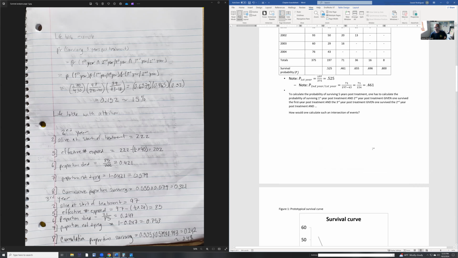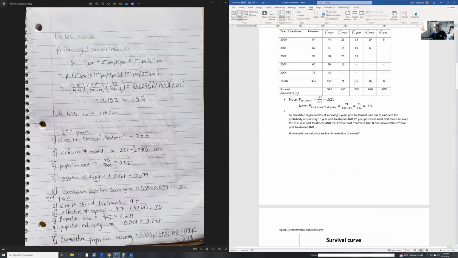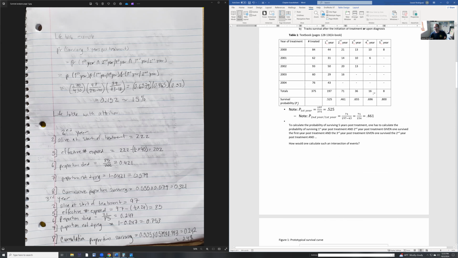That's different than saying, what's the probability of surviving the 5th year given you survive the other years, right? So this probability is higher, right? In fact, this would be 8 divided by 16 minus 6, not 13. 16 minus 6, because these 6 individuals were followed for 4 years, but not the 5th year, right?